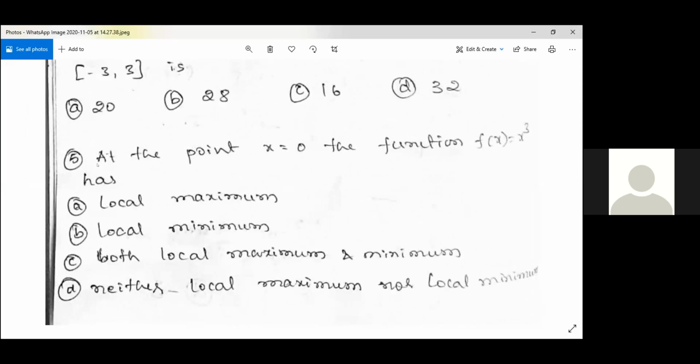Just to try this one, you can even answer it directly. Find the first derivative, and you will get the critical point. They told at the point x equals 0 you have to conclude whether it attains a maximum, a minimum, both local maximum and minimum, or neither.